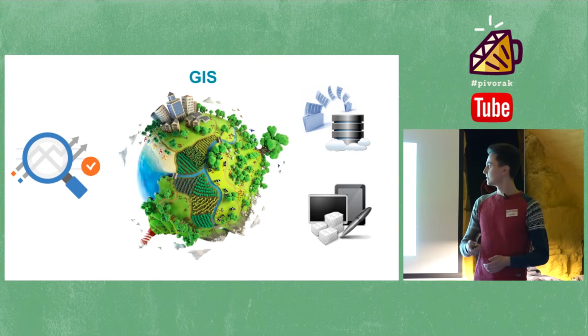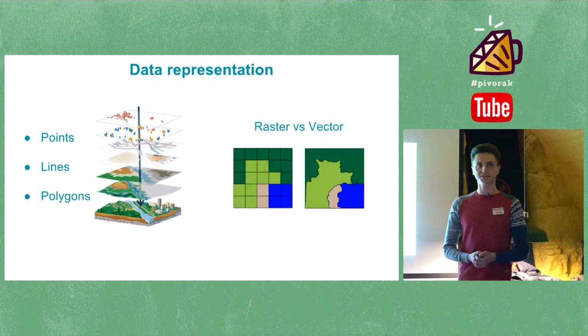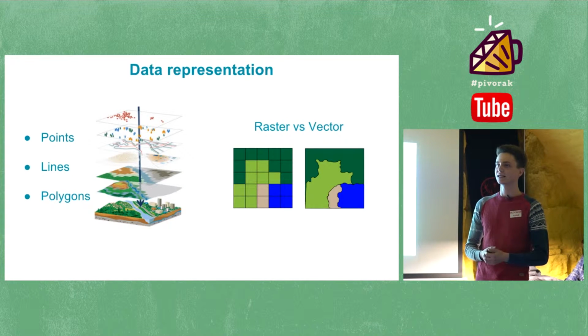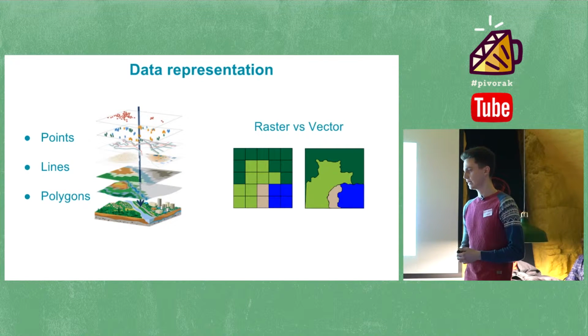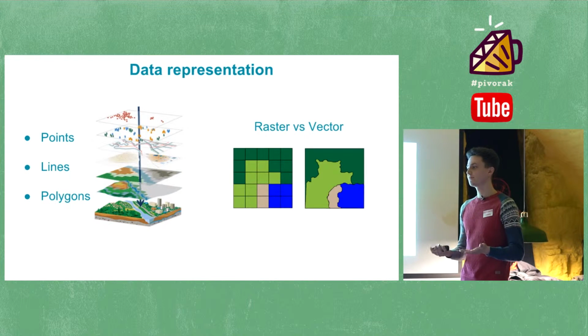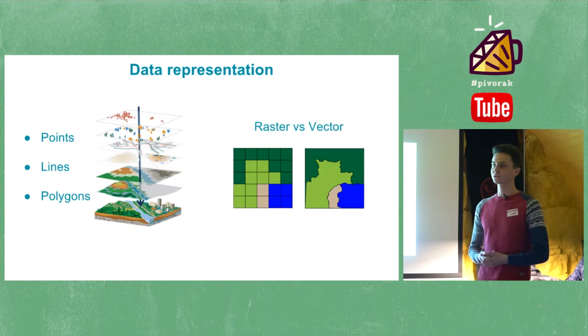So let's dive into the data representation. In GIS, data are represented as simple objects like trees and buildings and rivers or lakes and so forth.